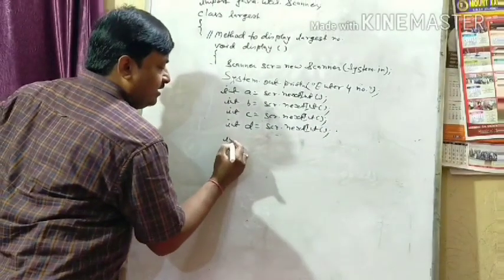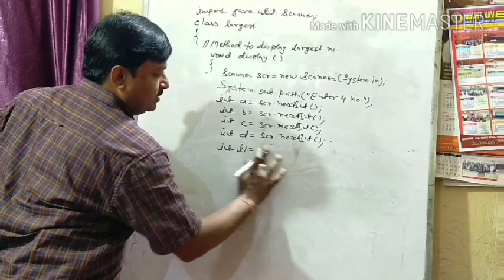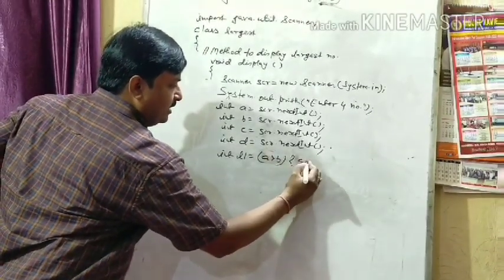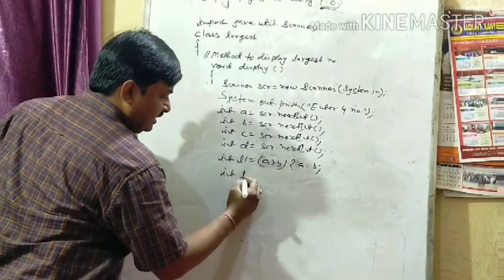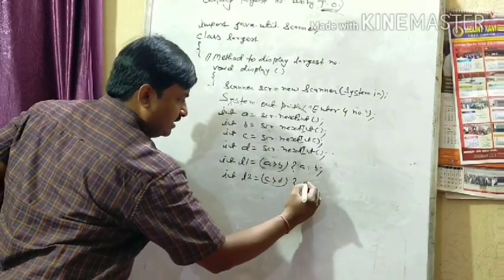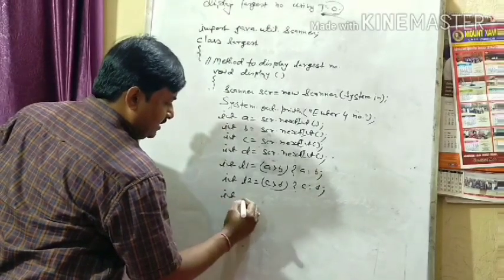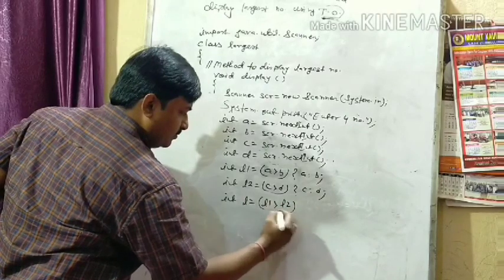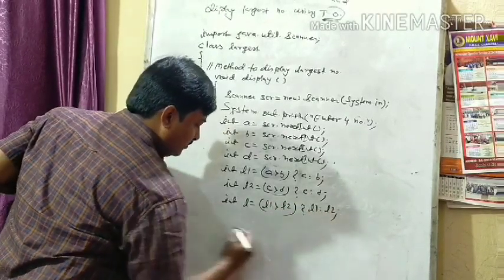Now, int L1 equal to A greater than B, A, B. int L2 equal to C greater than D, C and D. int L equal to L1 greater than L2, L1 and L2.